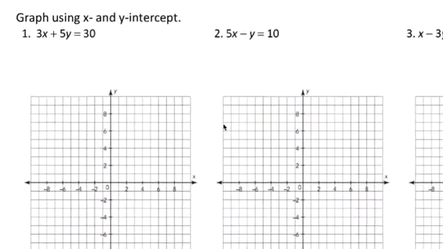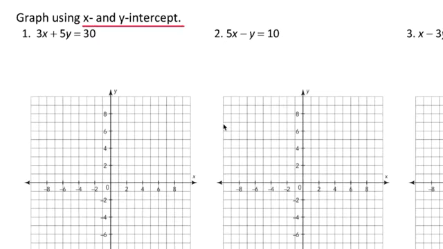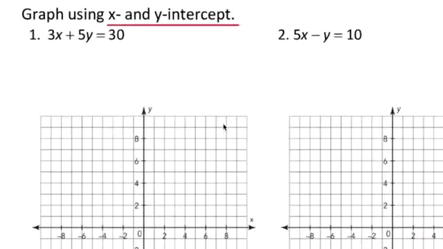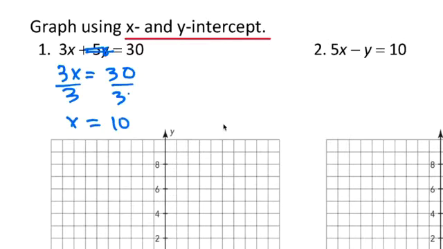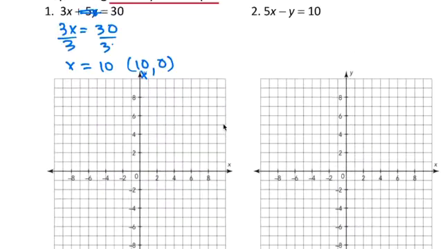Oh, graph using x and y intercept. Okay. X-intercept, pretend y is 0 or non-existent. Divide by 3. X is 10, so 0. 10, 0. X, and then y is 0. 10, 0 is right there.